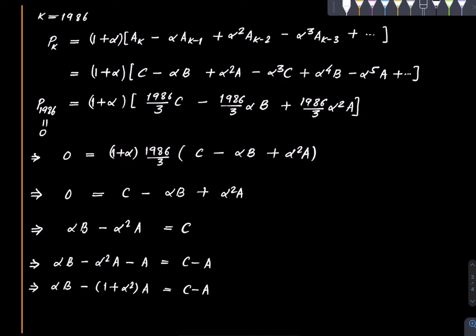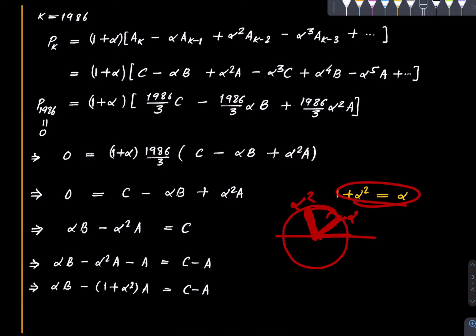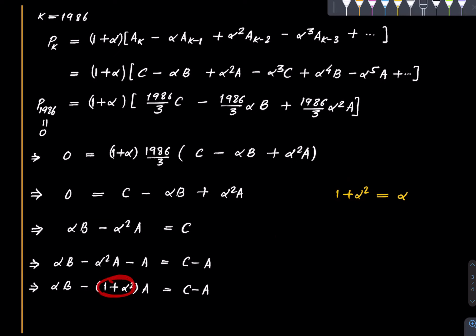But what is 1 plus alpha square? 1 plus alpha square is equal to alpha, right? Because here we have alpha, this is alpha squared. If you add alpha square and 1, you get alpha back. You can compute it. This is just a matter of computation that you can check this. So this is equal to alpha, and therefore what we get is alpha b minus alpha a is equal to c minus a, which implies alpha times b minus a is equal to c minus a.